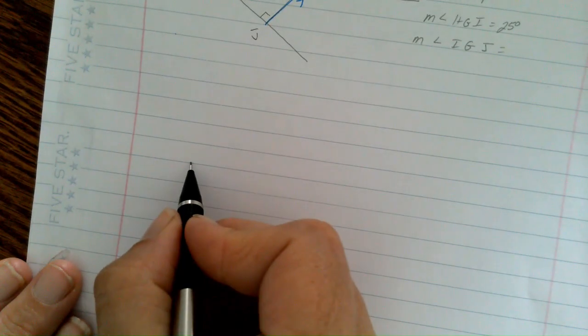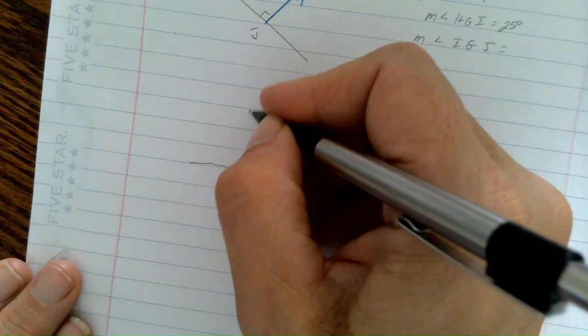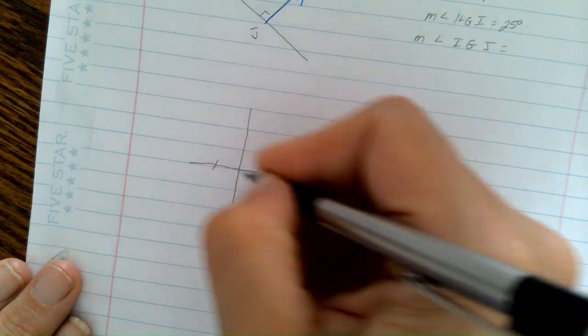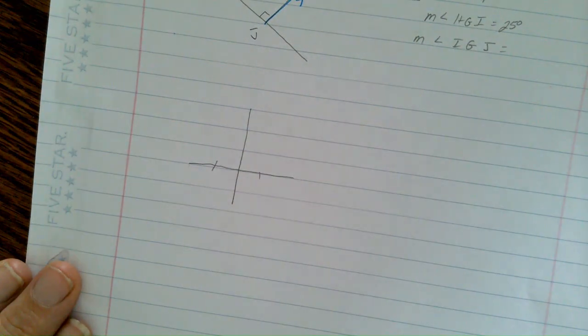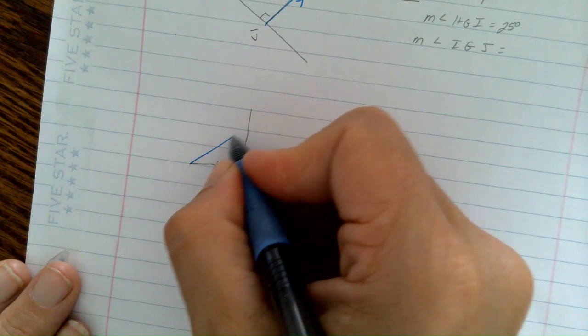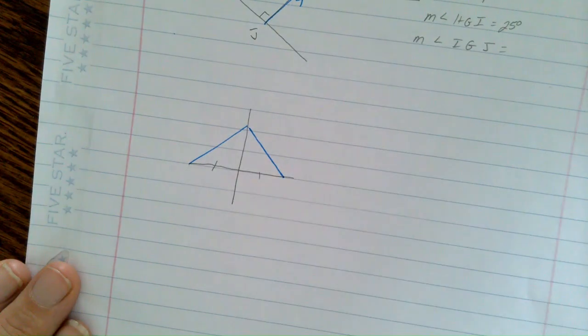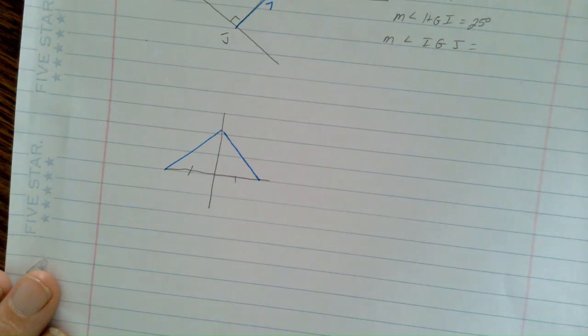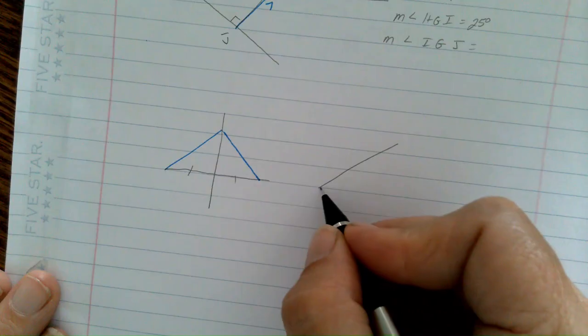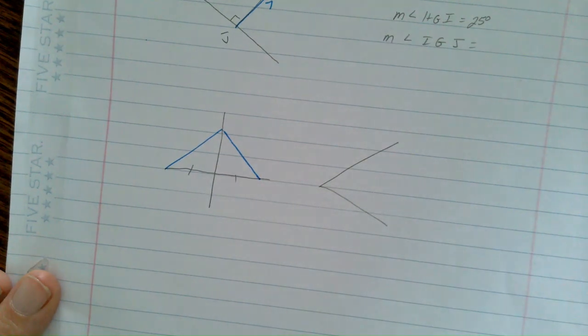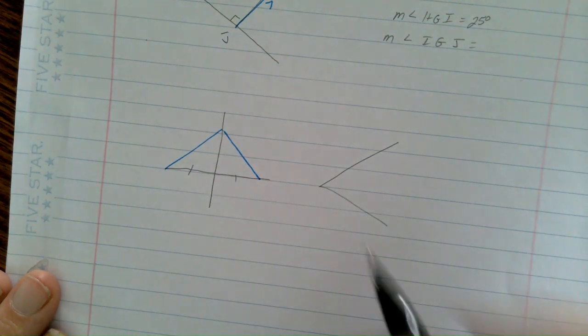Knowing that when you have a line and you draw its perpendicular bisector, this length will match this length. Okay? When you have an angle and you draw its bisector, right?